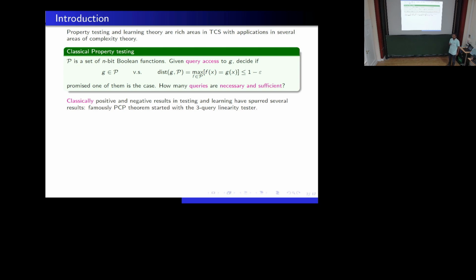I'm sorry, why is it less than 1 minus epsilon? The point is I'm just promising you that G is far from every single element in it. Maybe it's 0.001, it's still less than 1 minus epsilon. The point is the query complexity would depend on epsilon as well. So I'm allowing the query complexity to depend on epsilon.